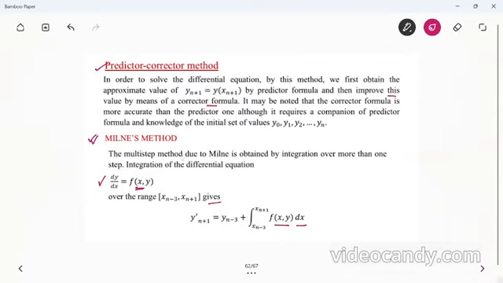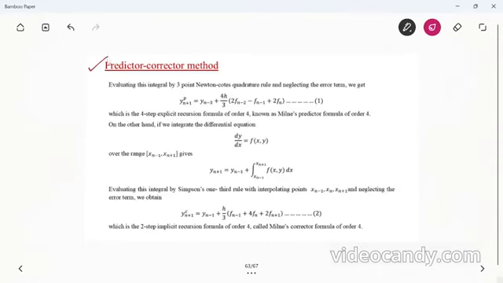So actually this is the differential equation dy/dx equals f(x, y) over the range xn minus 3 to xn plus 1, which gives yn plus 1 equals yn minus 3 plus the integral from xn minus 3 to xn plus 1 of f(x, y) dx.